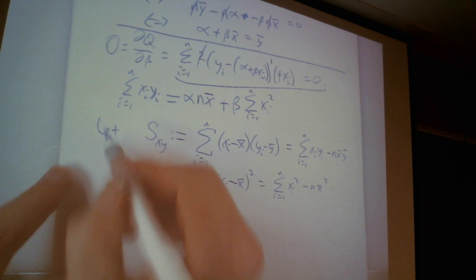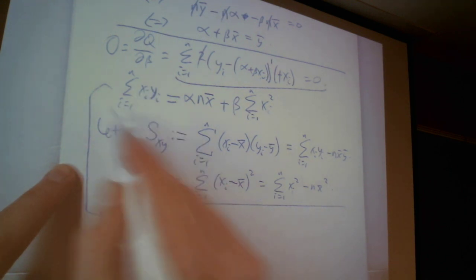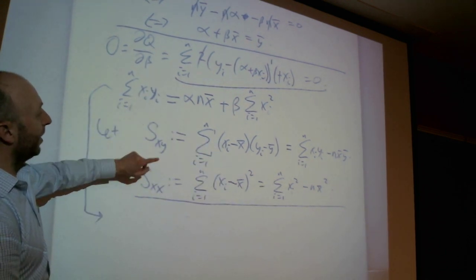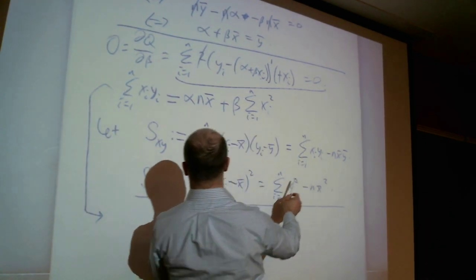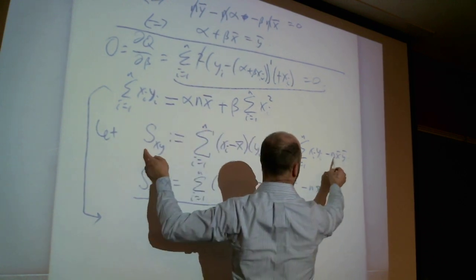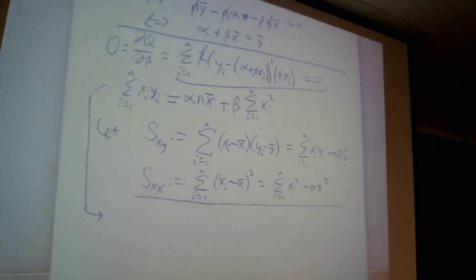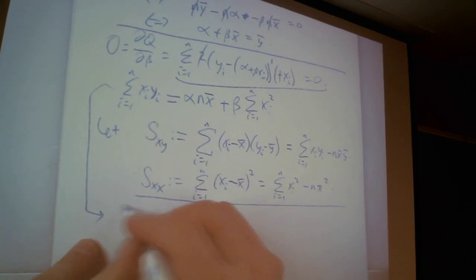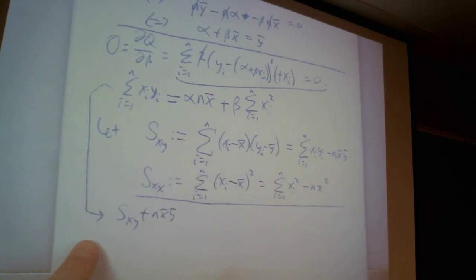Okay, so let's turn this equation into something a little bit easier to write down. So what is the sum of xi yi? Sum of xi yi is here. So it's Sxy plus n x bar y bar. Does everybody see that? So on this side, I get Sxy plus n x bar y bar.